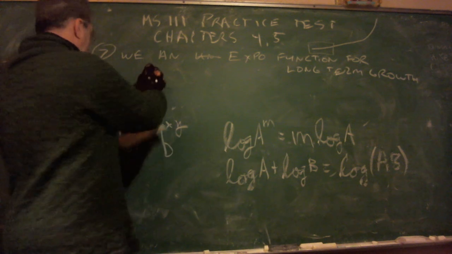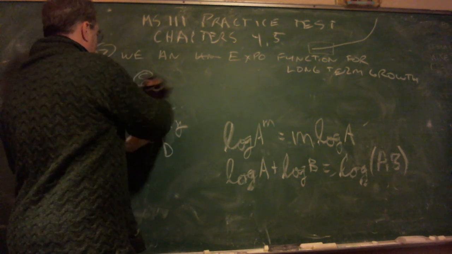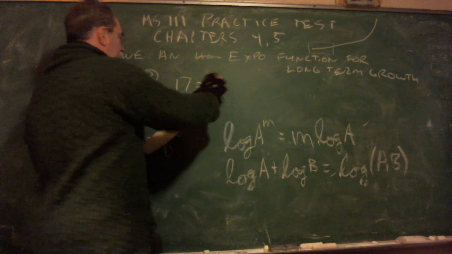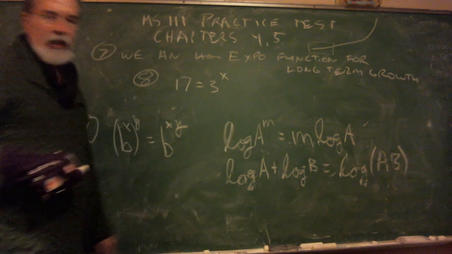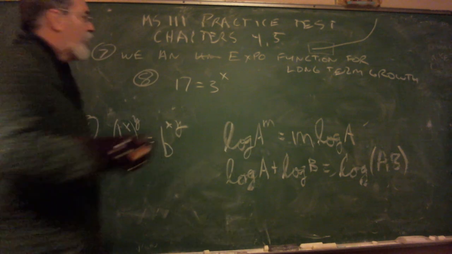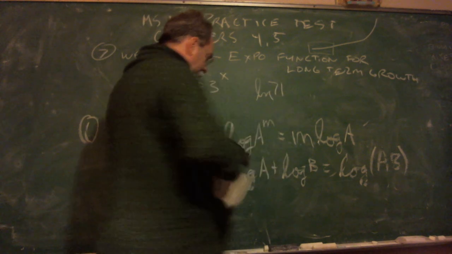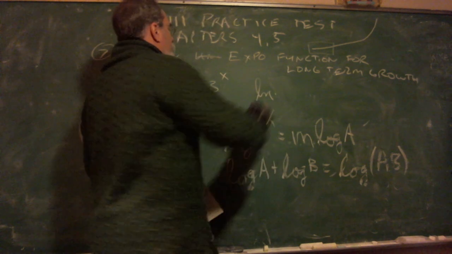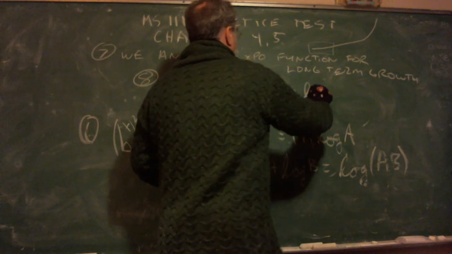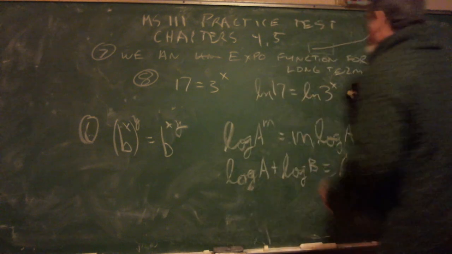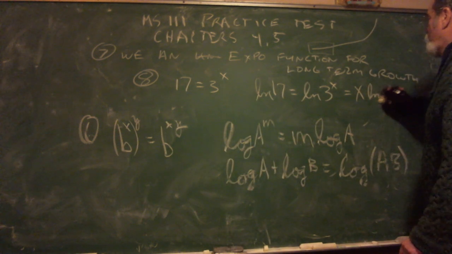Number 8, and I think it's the last one, we have 17 equals 3 to the x. Well, everybody knows they got to take a natural log of each thing. So you take the natural log, or the regular log, I don't care. Oh, look, I wrote 71 instead of 17. So funny. Natural log of 17 equals natural log of 3 to the x, which is equal to x natural log of 3.